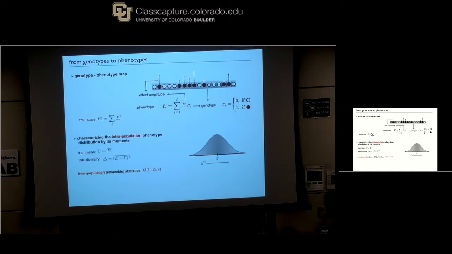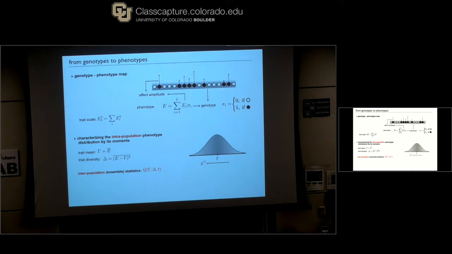So if you look at the population, these phenotypes are distributed, right? You don't have only two states. You most likely have something that looks like a Gaussian distribution because you have a lot of loci and a lot of variance. To a certain approximation, it's Gaussian. And so you can then just think, okay, can I characterize the evolution of moments of this distribution instead of looking at how the whole probability density changes?